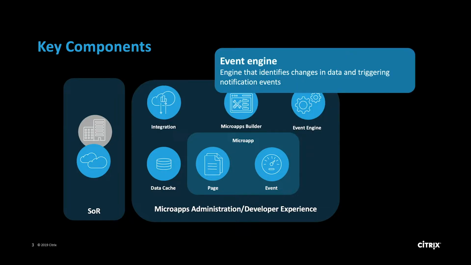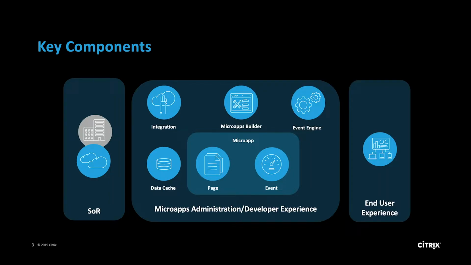The event engine is an engine that runs behind the scenes and helps us identify the changes in the data and trigger notification events. And finally, we provide different types of end user experience, or Citrix Workspace UIs, for the end users. It can be a mobile, desktop, or web application.